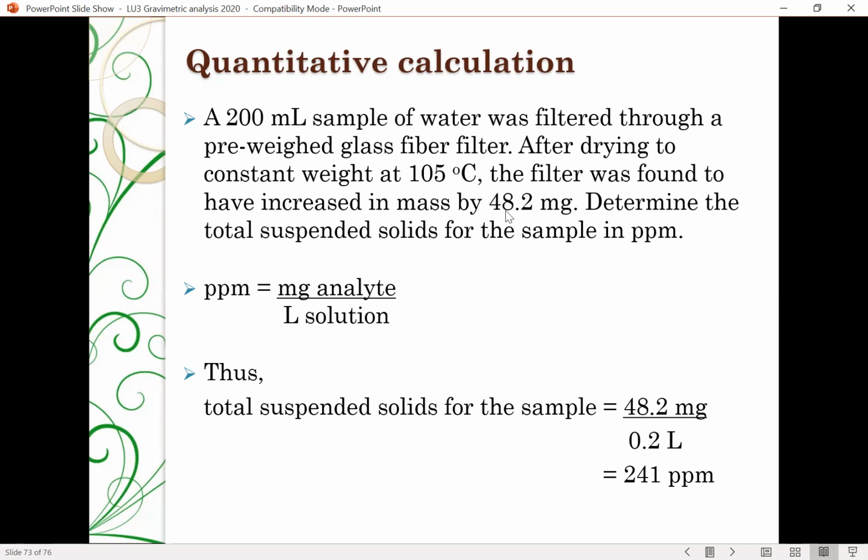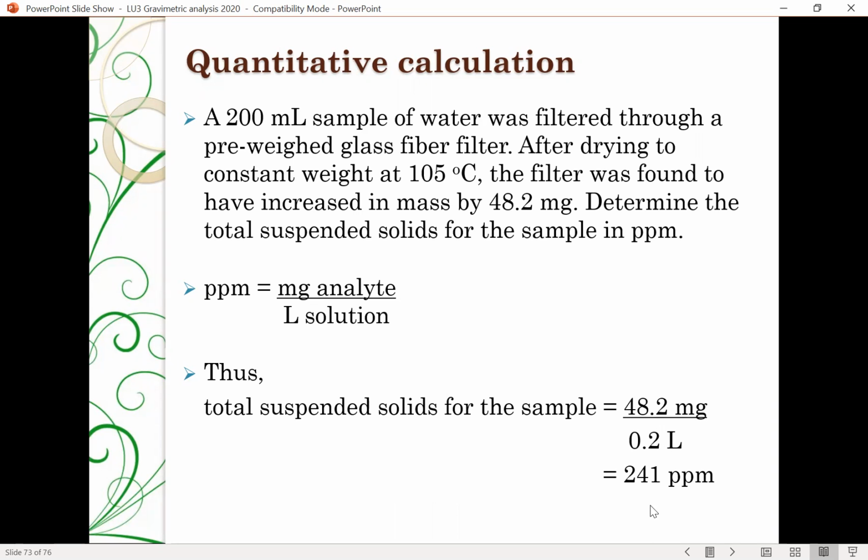Okay, so now here the filter was found to have increased in mass. So the increase in mass here is the mass of your analyte, which is 48.2. Determine the total suspended solid for the sample in ppm. So you have 48.2 milligram, which is the mass of your suspended solid, your analyte, divided by the volume of your water sample.